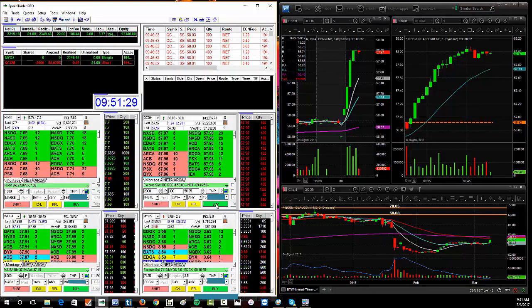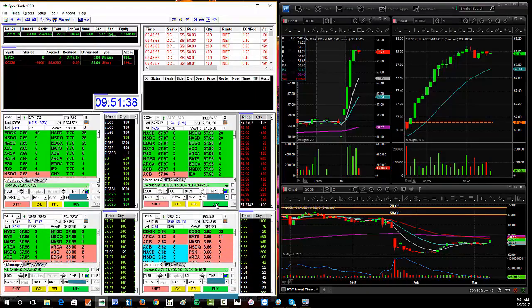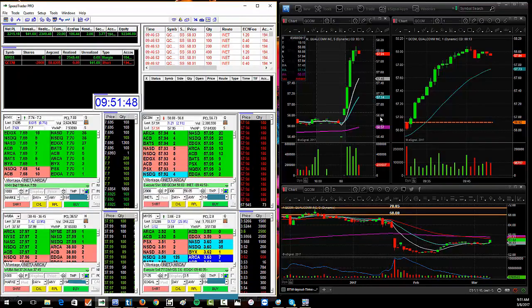And I'm not sure. I mean, we see some selling going through right here, but it's being held up at 97. I still really have my hand on the trigger. Okay, there's 94. That's a little bit better.